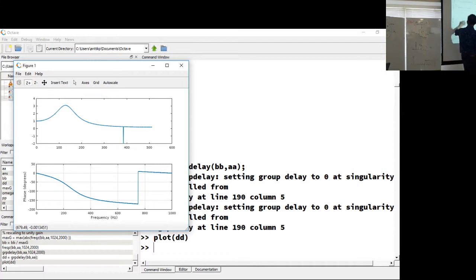And this is now actually calculated at 512 points. Or actually 1024 points, but this is not normalized. So this is 0 and this is the Nyquist frequency. This is just the point where it was calculated. Okay, but anyways, that's the group delay in samples.